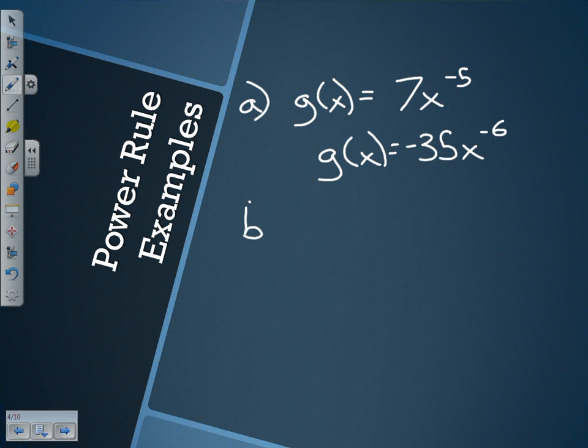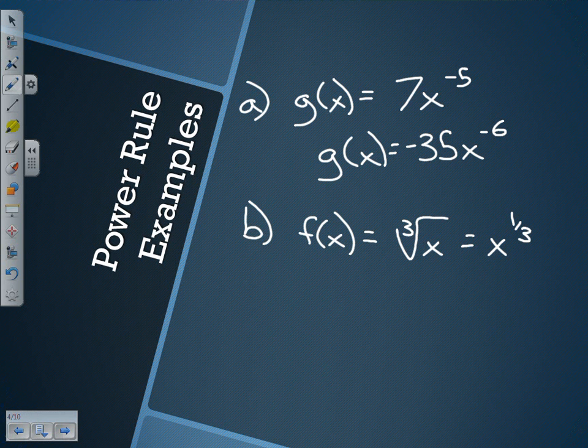What if I give you f of x equals cube root of x? Can I use the power rule? How can I rewrite it first? To use power rule, it has to be written as a power.